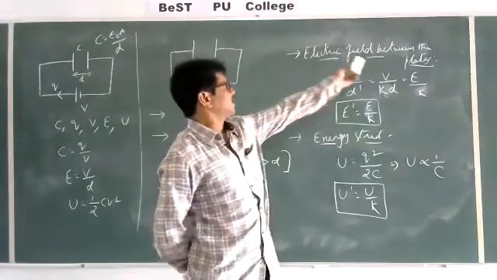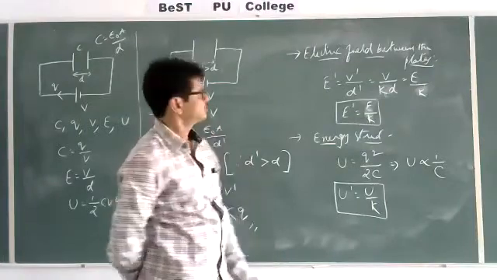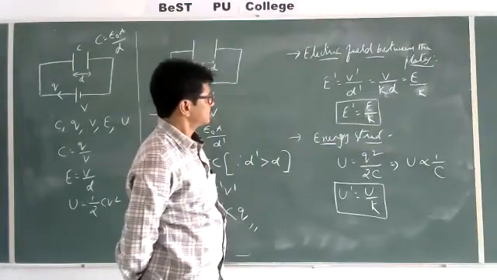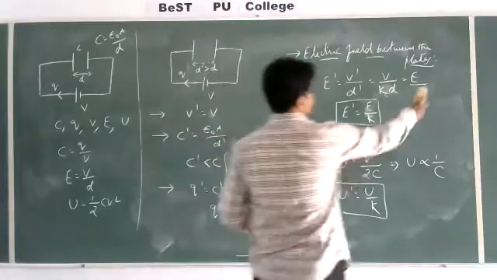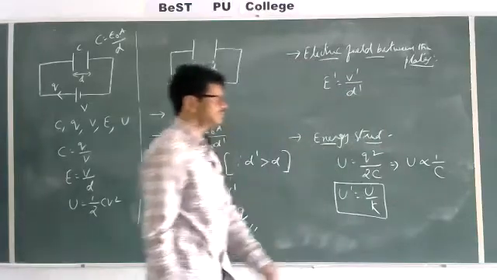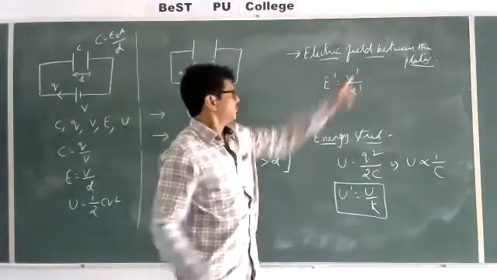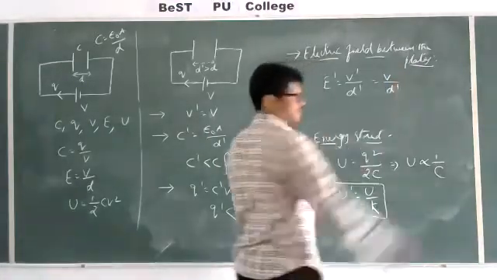What happens to the electric field between the plates? E dash is equal to V dash by D dash. V dash is equal to V, by D dash.